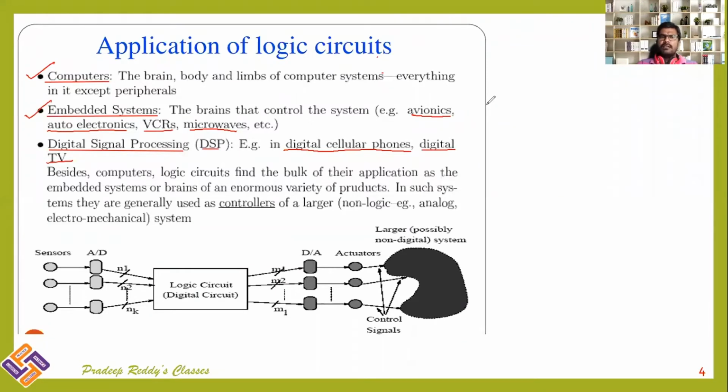All those instruments and devices come under digital signal processing displays, such as the tab, laptop screen, and a TV, LED. So these all come under digital signal processing units, where we use digital circuits in the display.